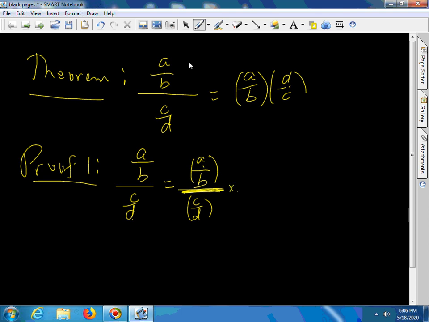So what I'm going to do is multiply the bottom by d over c and the top by d over c. In this way, this c will kill off the c on top, and this d will kill off the d on the bottom, and in the bottom, all I have is 1.